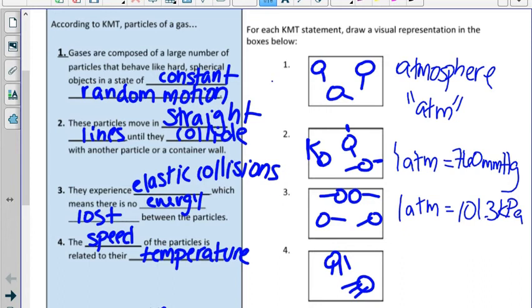So if 1 ATM is equal to 760 millimeters of mercury, and it is also equal to 101.3 kPa, therefore 760 millimeters of mercury must be equal to 101.3 kilopascals. Those are the 3 different units that we are going to measure pressure in, and we will be learning how to convert back and forth from one to another.